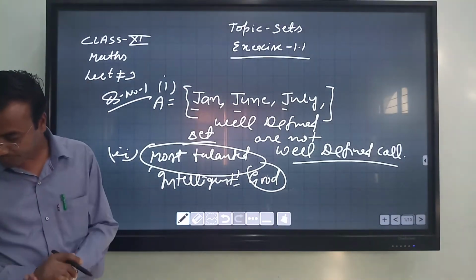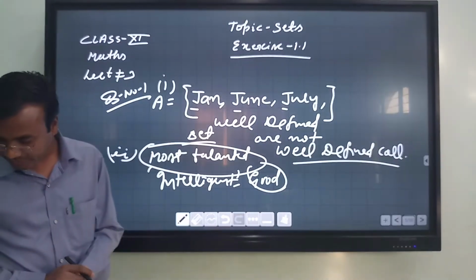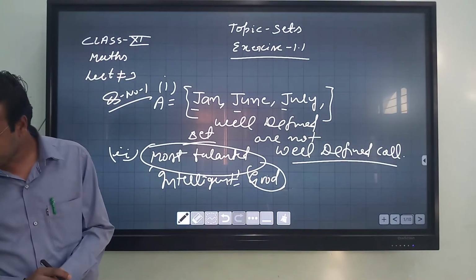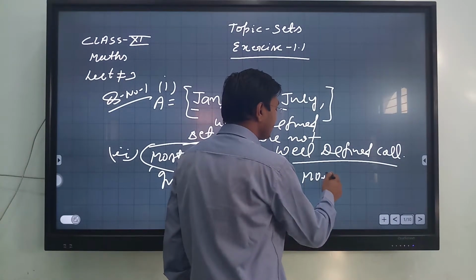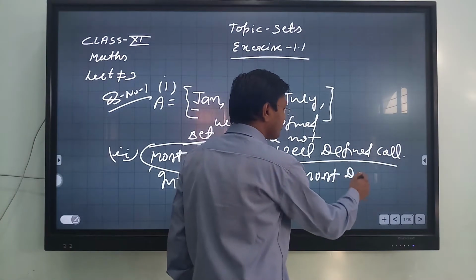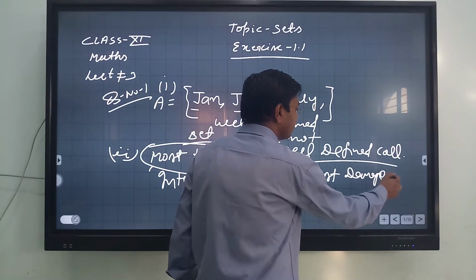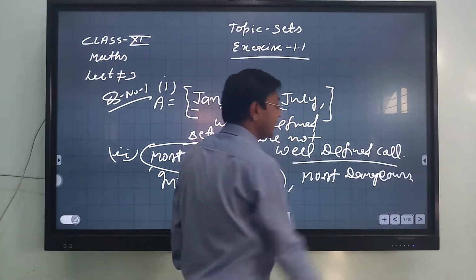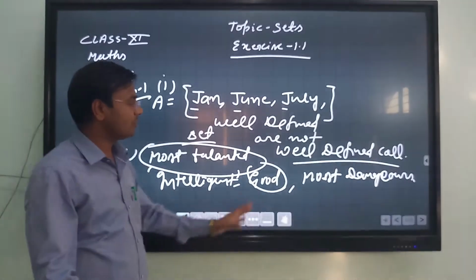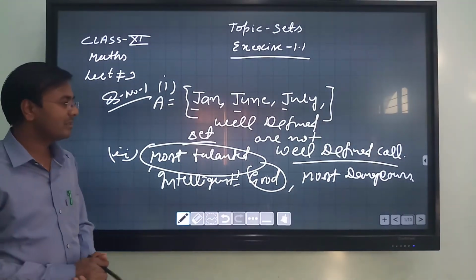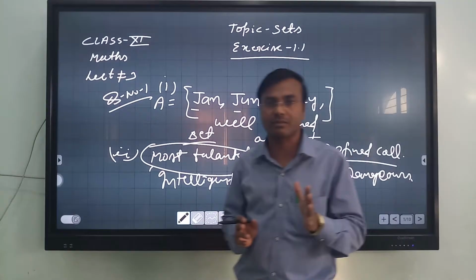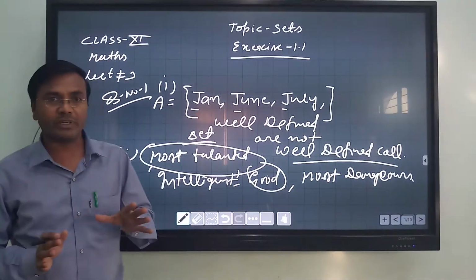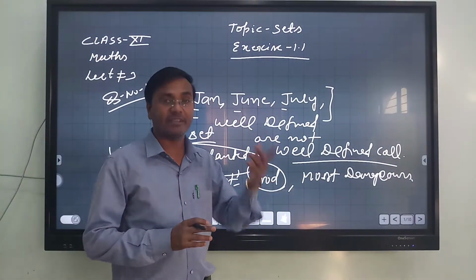So there are some more words like most dangerous. One more is the collection of most dangerous animals. There are many animals, and if I talk about a snake charmer, he plays with snakes.